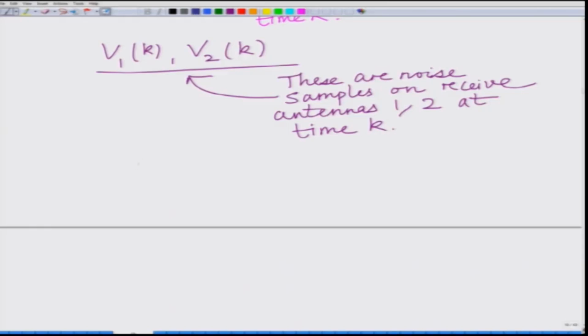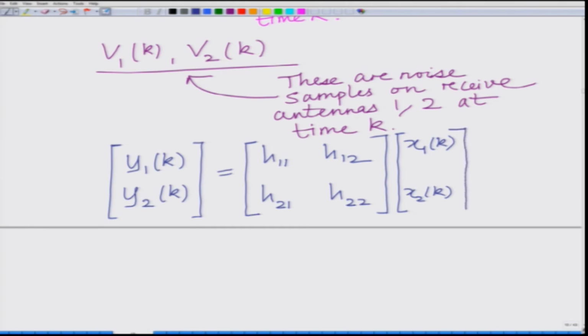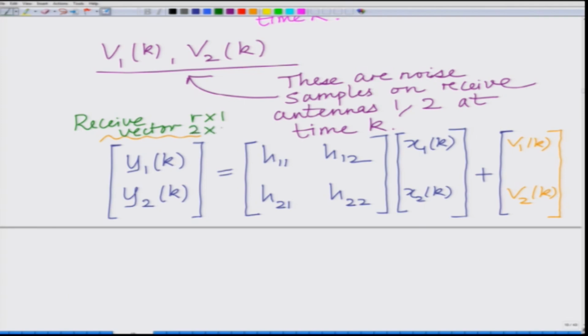I can write this as basically your y1 k, y2 k equals the matrix H11, H12, H21, H22 times X1k, X2k plus the noise vector V1k, V2k, where Y1, Y2 is the receive vector, which is R cross 1, or in this case since R equals 2, basically 2 cross 1.